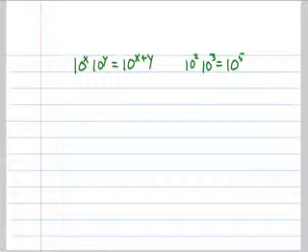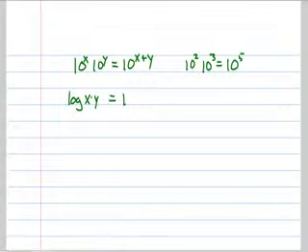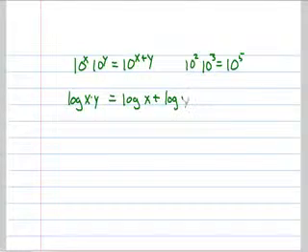What this is saying is the log of x times y would be equal to the log of x plus the log of y, because logs are exponents. So if I'm multiplying the bases, I'm adding the exponents.